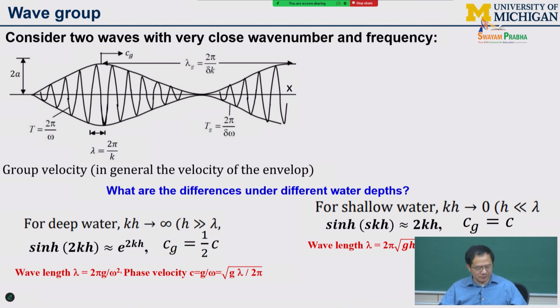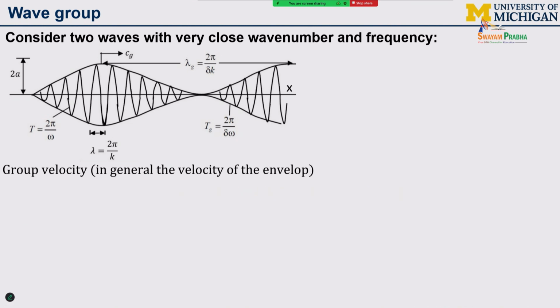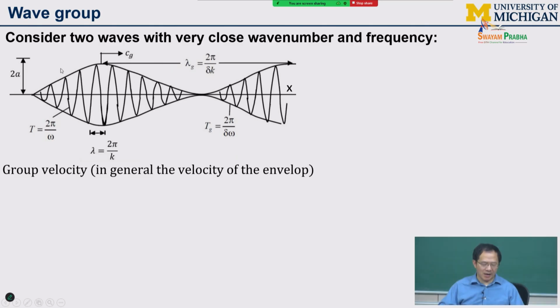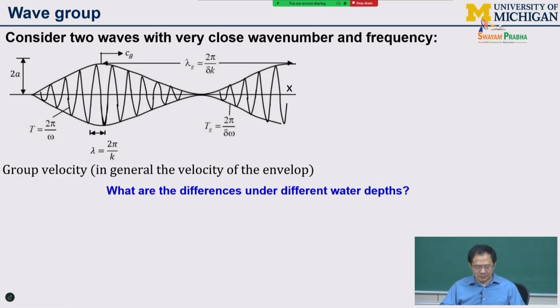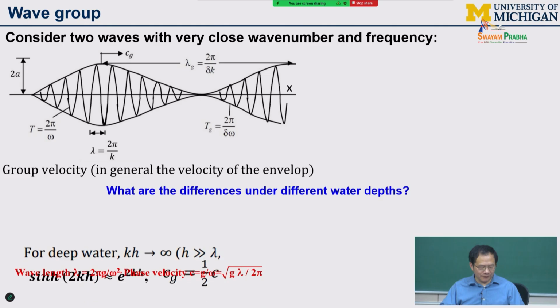We already showed that there is an envelope, and within this envelope there is water moving up and down, right? One is group, the other is phase. And if you have different water depths, the two are different.